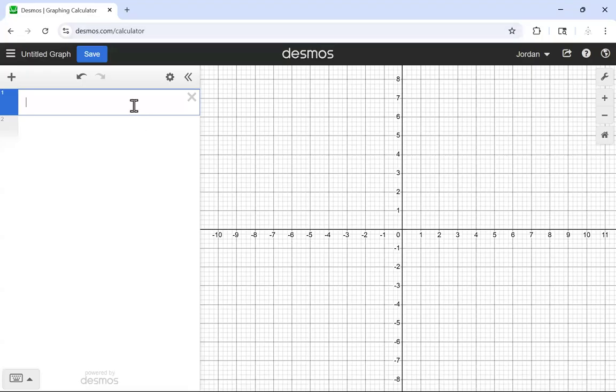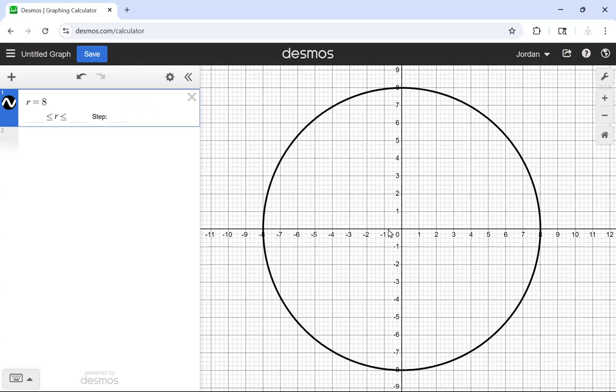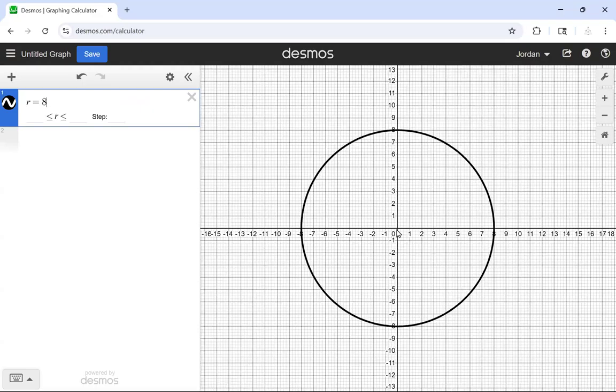Now, the first equation that was on the slide was r equals 8, which we already know is a circle of radius 8 and centered at the origin. Again, the origin is often called the pole in polar coordinates. The x-axis is often called the polar axis, and the y-axis is called the line theta equals pi over 2.